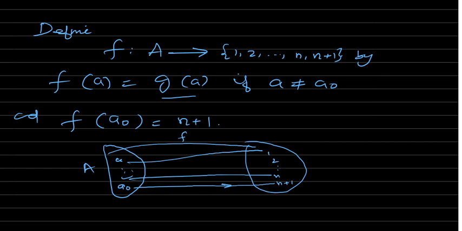So if I have any element in this side, you obviously have a pre-image. या अगर आप इसको देखना चाहोगे, let's take any two elements, say a and b in A, such that f of a is equal to f of b.